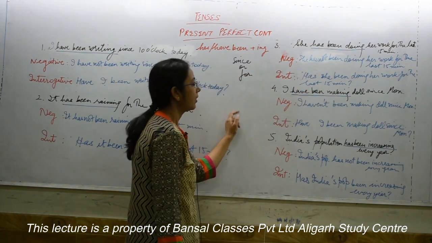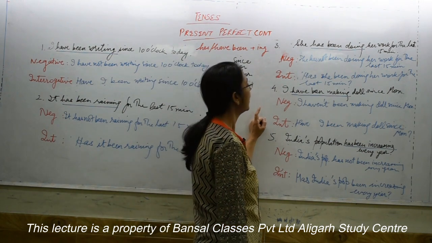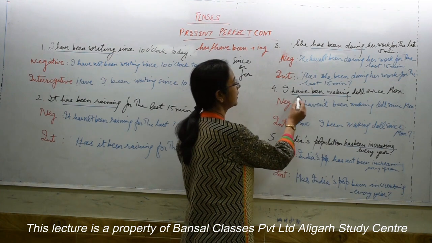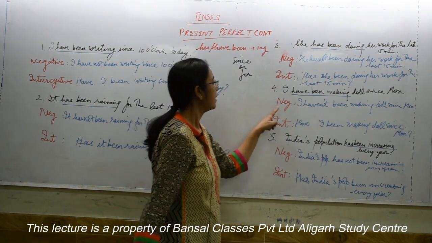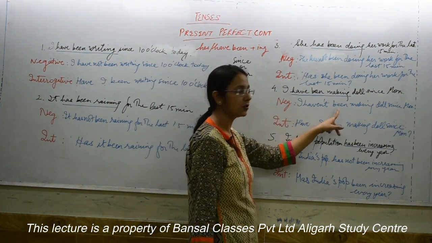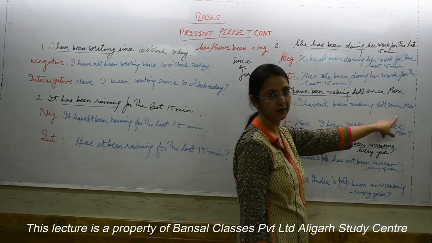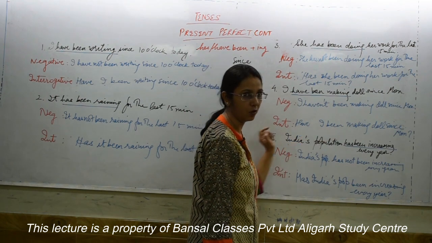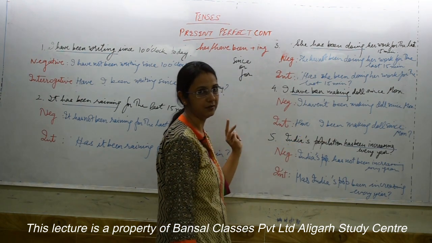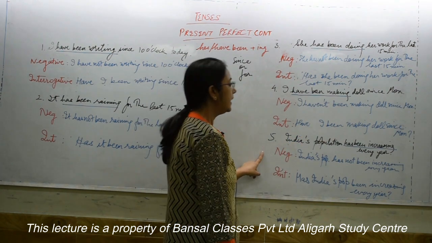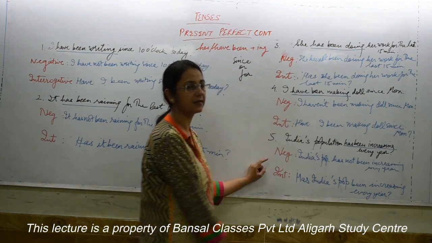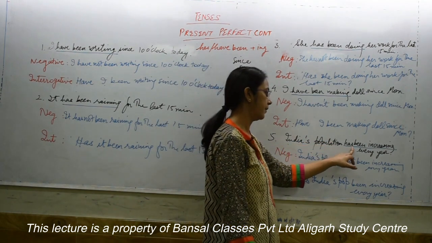Okay. Coming on to next, I have been making dolls since Monday. So I will come with have. Negative would be I haven't been making dolls since Monday. Interrogative, have I been making dolls since Monday, and a question mark. India's population has been increasing. Population is a singular entity, so has.